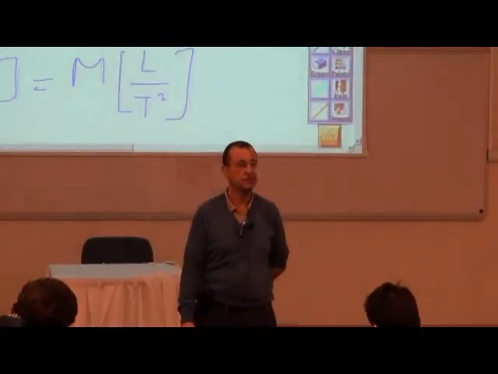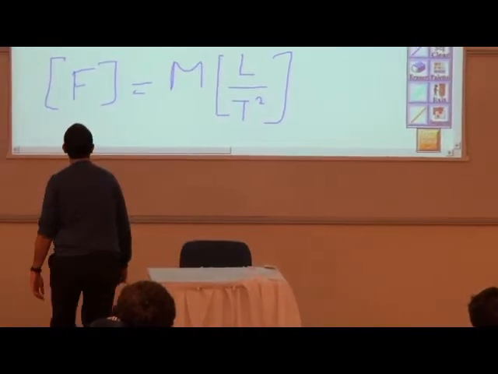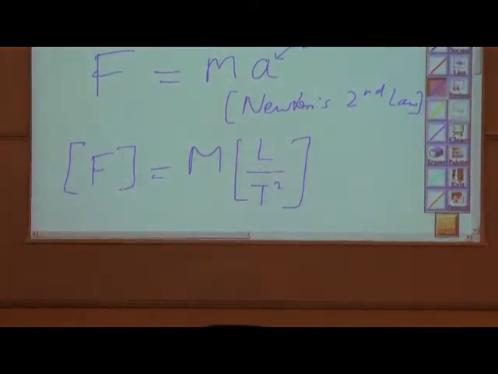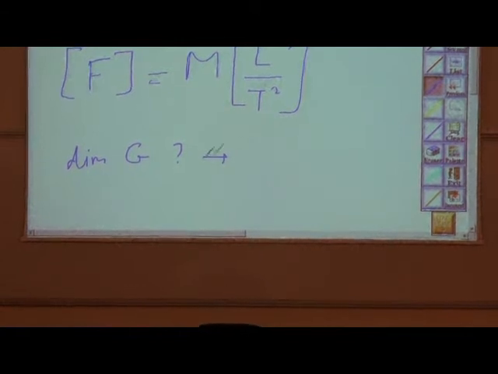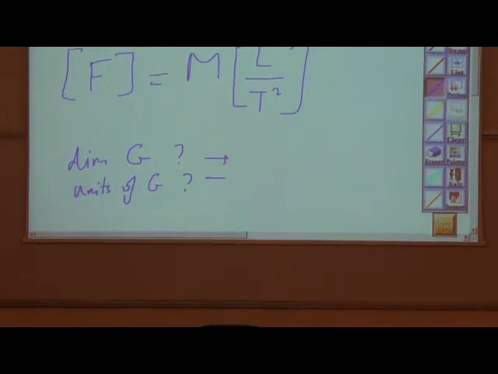Okay? Now I can proceed to find out what's the dimension of G? The units of G. I will not do it now. This is homework for you. It's also in the book. You can read from the draft notes, or you can just figure it yourself, because I give you the formula.